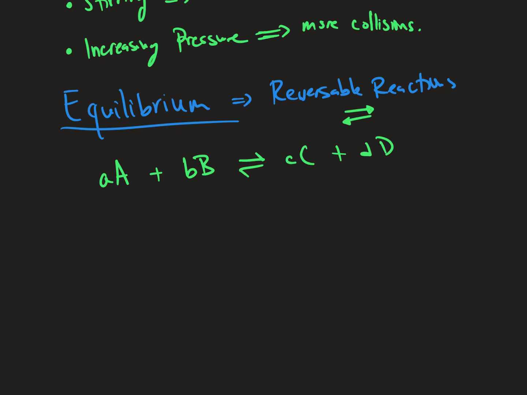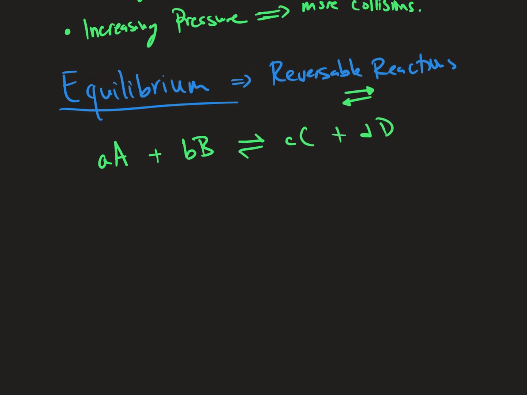Now, when we deal with equilibrium, we want to make predictions, right? Just like we did with stoichiometry. And there's something called the equilibrium constant that helps us make more predictions. Okay, so here it is.